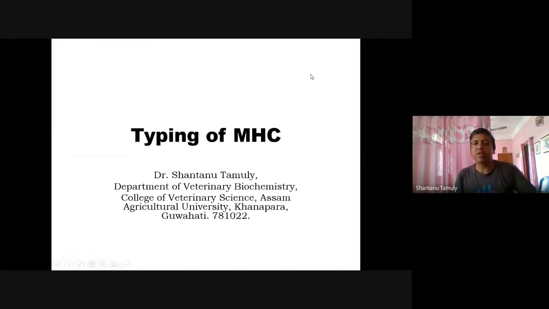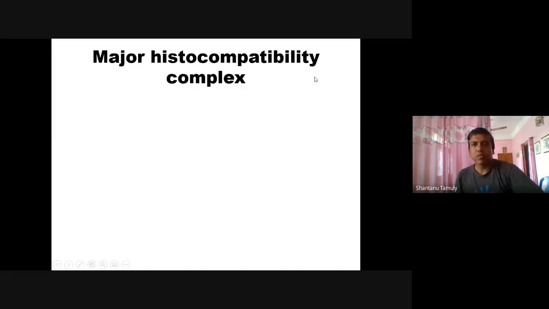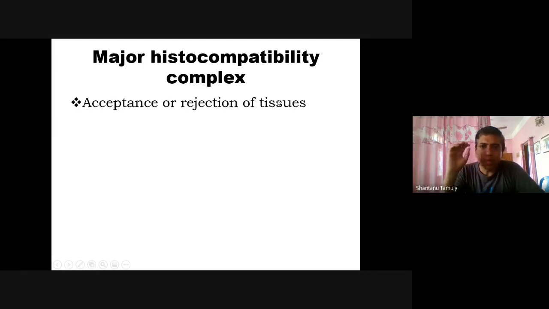Okay. So typing of MHC. First of all, we'll discuss what is meant by the major histocompatibility complex. This particular protein is present in every cell, in every tissue, and it is responsible for acceptance or rejection of tissues when they are grafted.